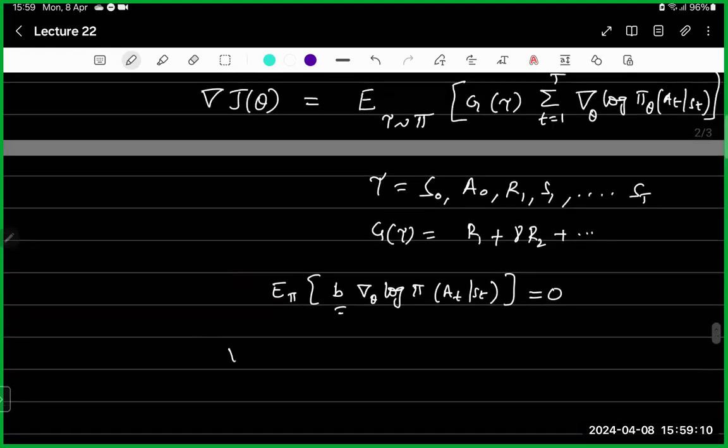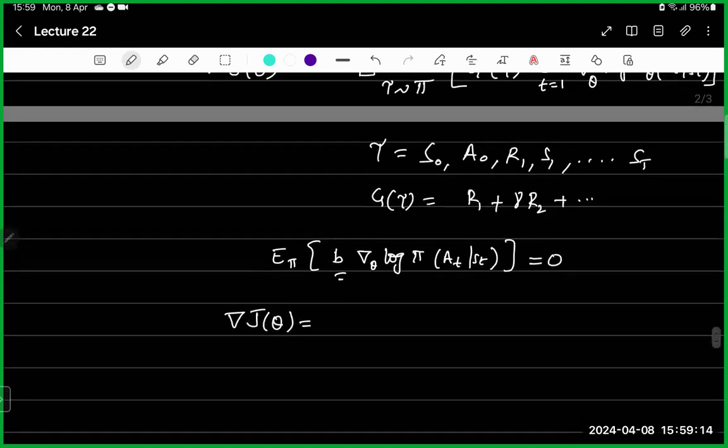Finally, we derived one expression, and based on that expression, we derived multiple variants of the policy gradient method, right? What was that generic expression?